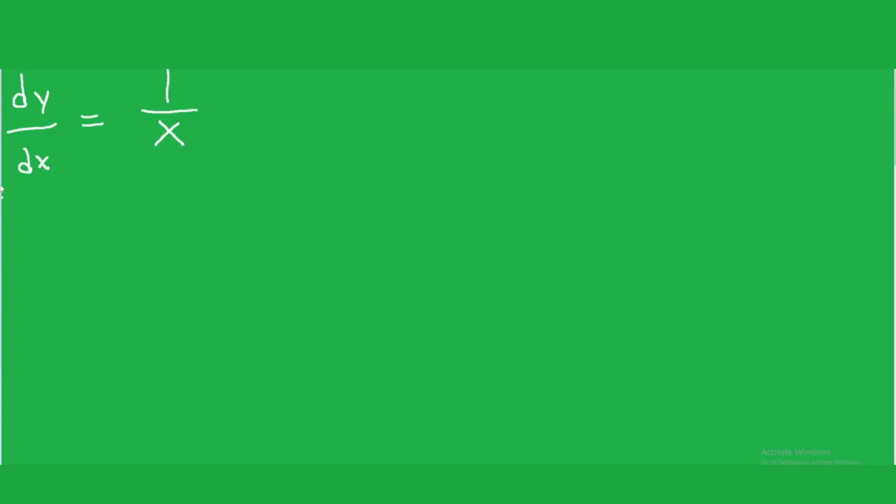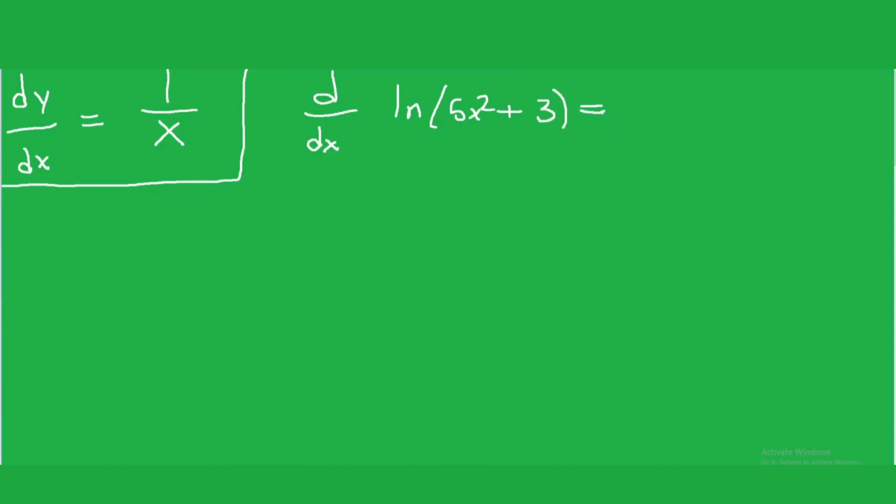So to give you a couple examples of it, I'm just going to put this in the corner like that. Okay. Let's say we want to find the derivative of the natural log of 5x squared plus 3. What does that equal? Well, this is obviously going to involve a little bit of the chain rule because you can see it's a composite function.